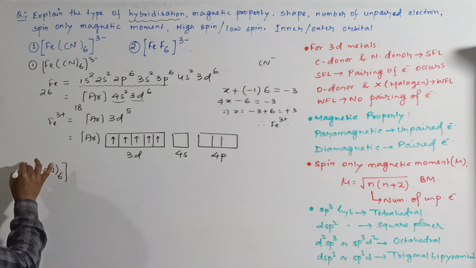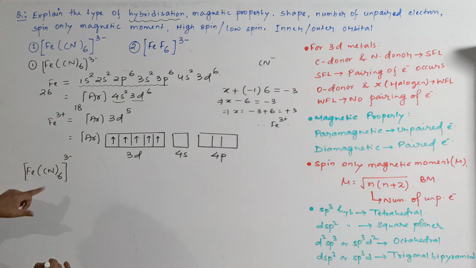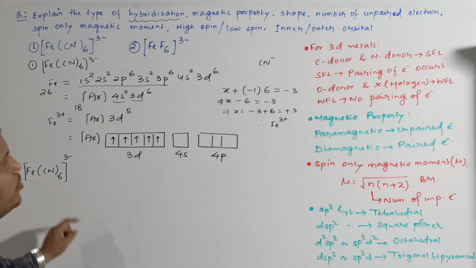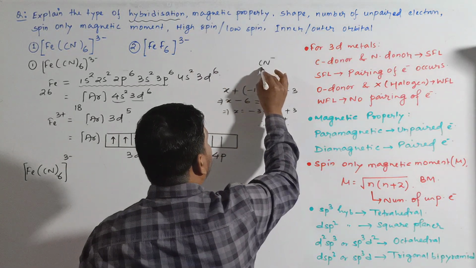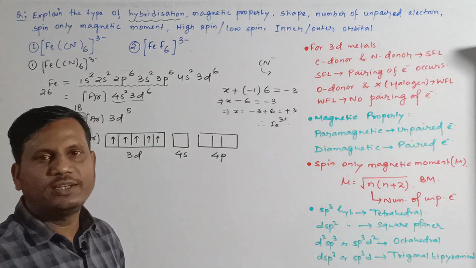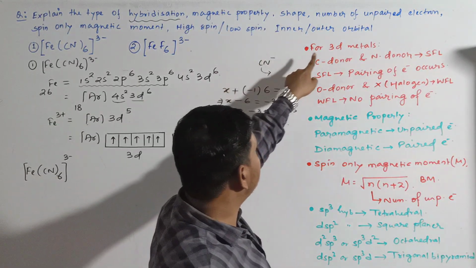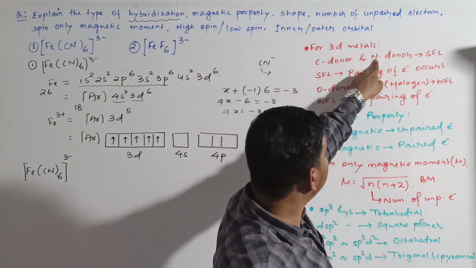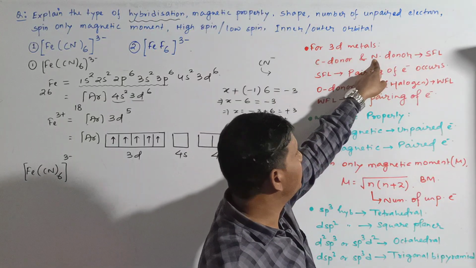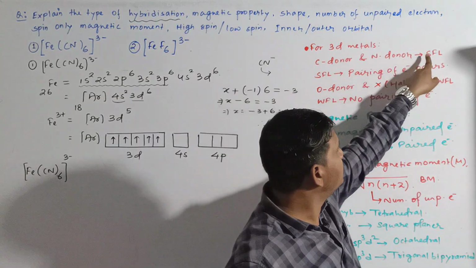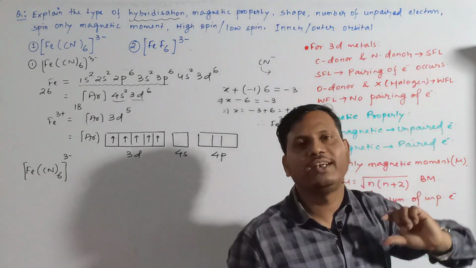[Fe(CN)6]3-. Now see in the complex what the ligand is. The ligand is CN. CN means cyanide, and here which one is the electron donor? Carbon. So carbon is the donor atom. In a 3d metal, if carbon and nitrogen are the donor atoms, then that ligand is considered a strong field ligand.